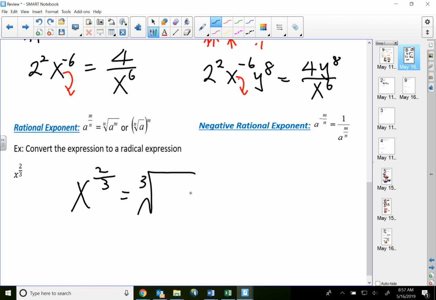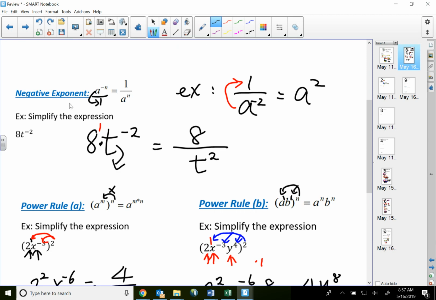The numerator tells me my base x is raised to that power on the inside. So that would be my answer. Now for the negative rational exponents, we're simply going to flip the base to the other side of the fraction and make the exponent positive, just like the regular negative exponent rules.